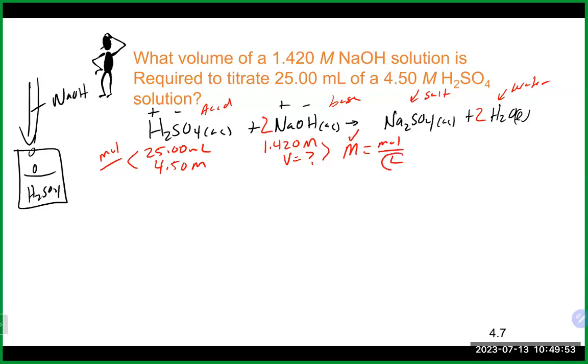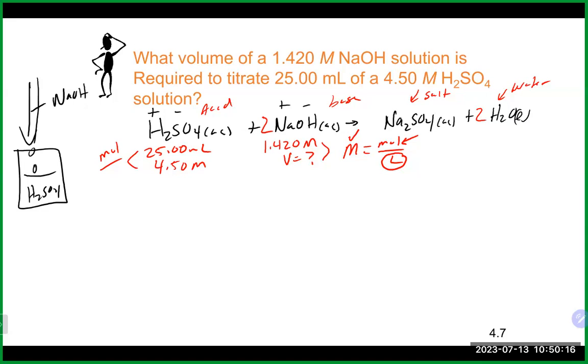We are looking for the volume. That means really the thing that we're missing in order to solve this problem is the moles of the sodium hydroxide. And that's really where the stoichiometry is going to come into play. We're going to use the stoichiometry to allow us to figure out how many moles of the sodium hydroxide we would need. Any questions on that there?